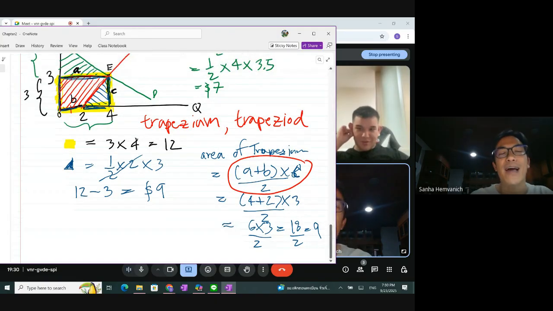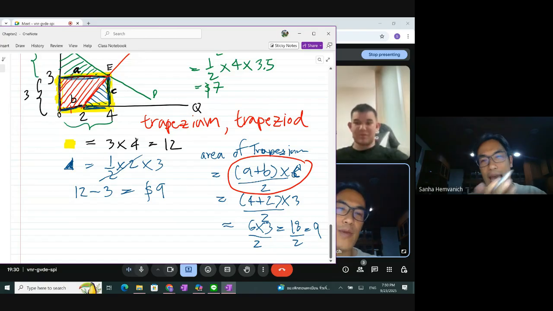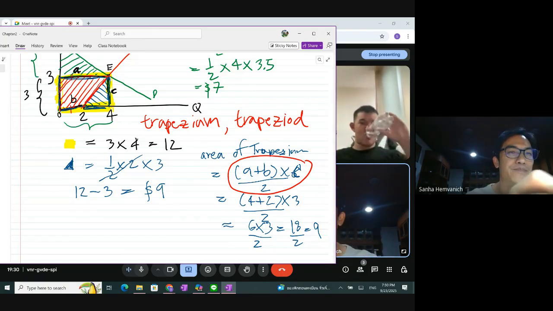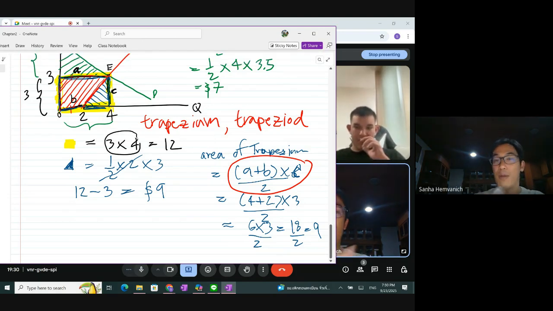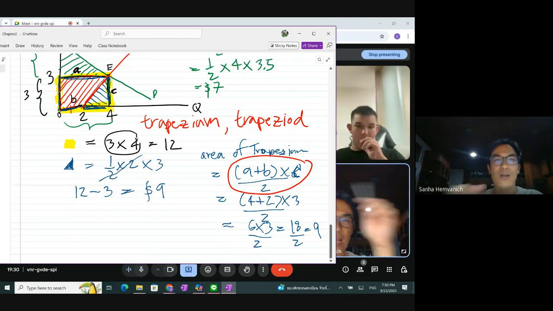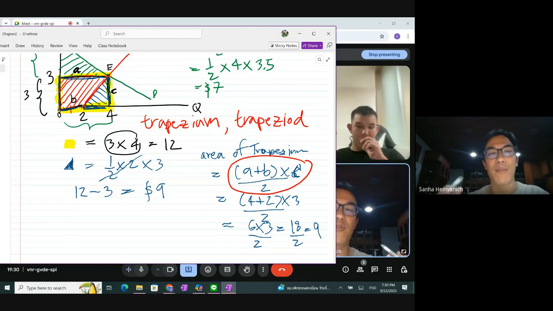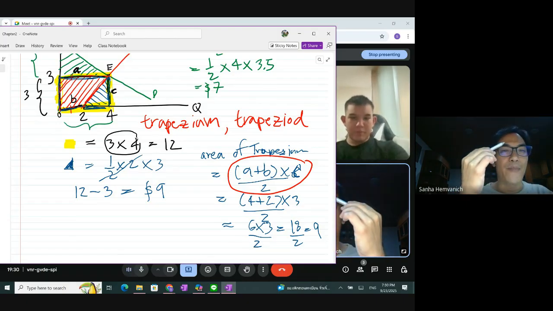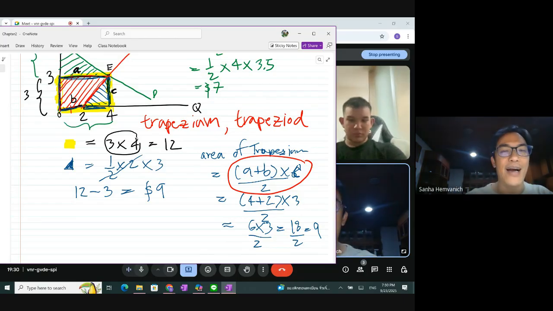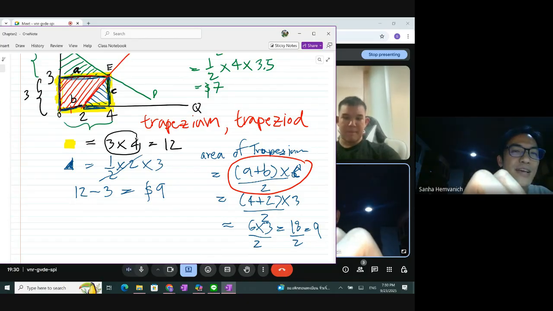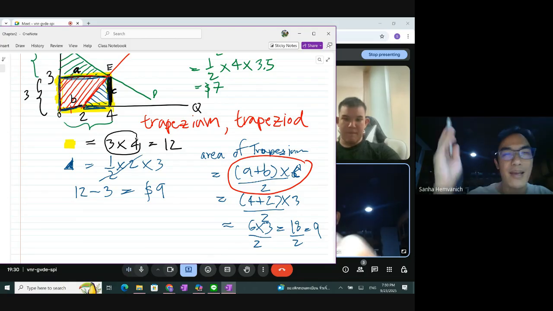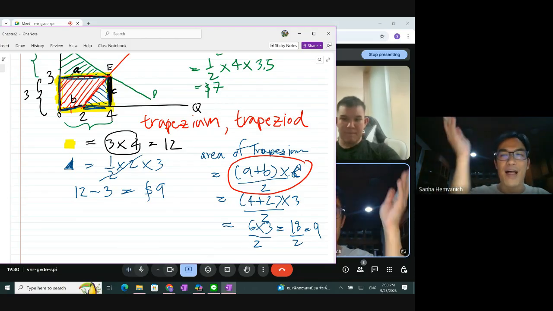Okay, so the area, we calculate. We got 3 by 4, that's from the yellow rectangle, right? But instead of 3 by 4, 3 is C. So the rectangle is just one side multiplied by the other side.